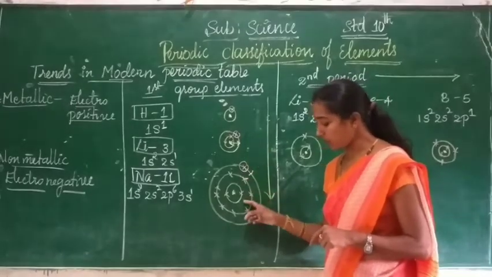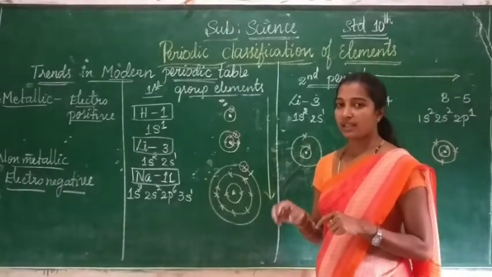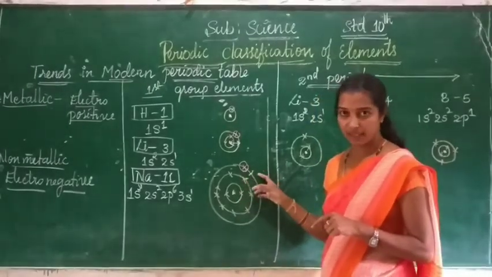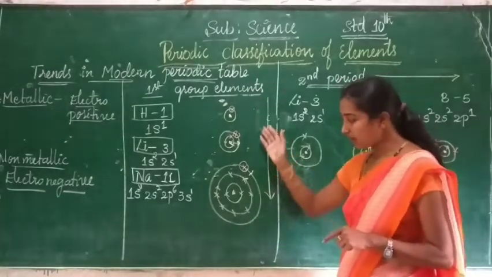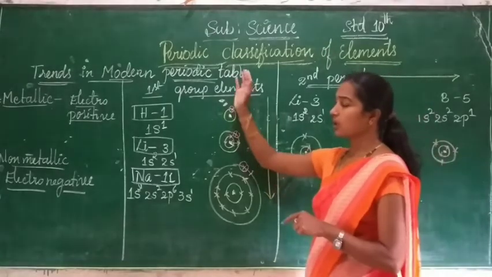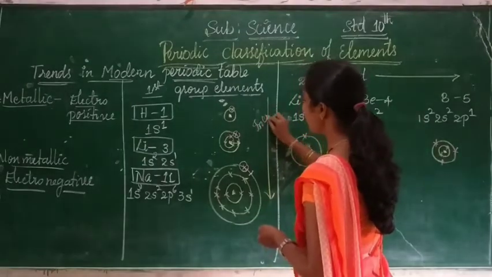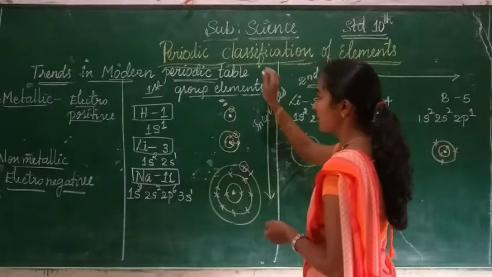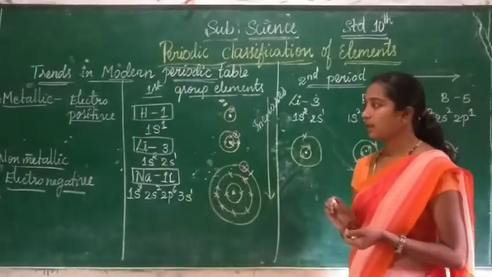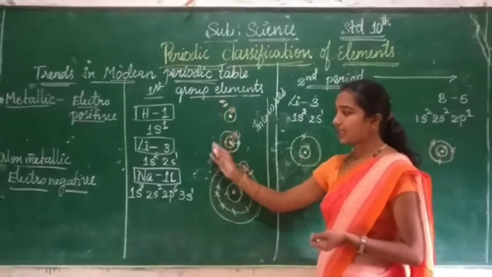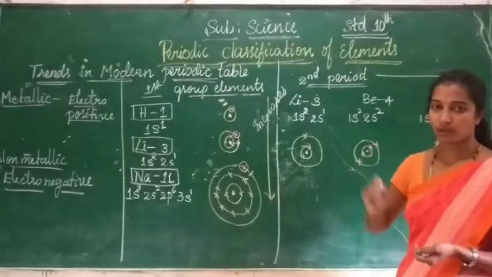When we compare to sodium, it needs even less energy to remove this electron. So the electropositive character goes on increasing when we go down the group. The electropositive character is nothing but the metallic character, so the metallic character of the element also increases when we go down the group.